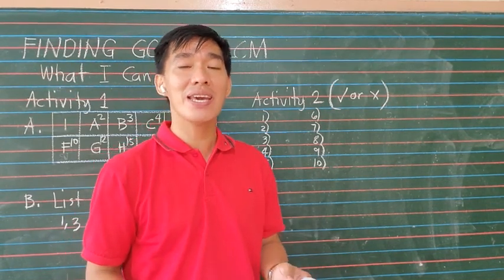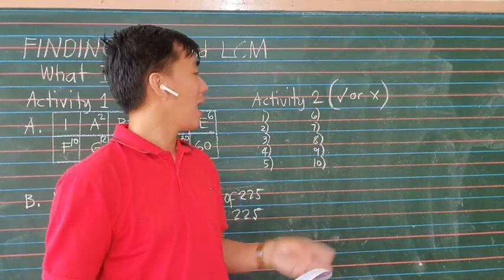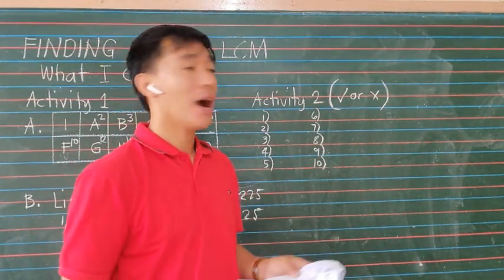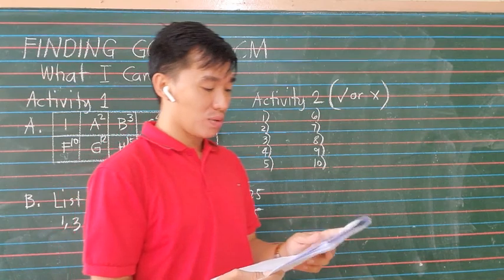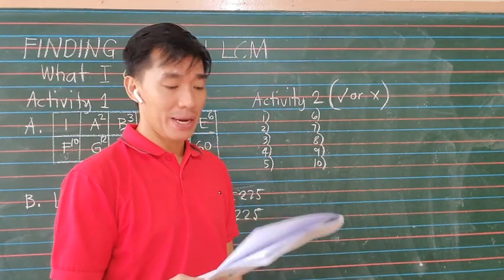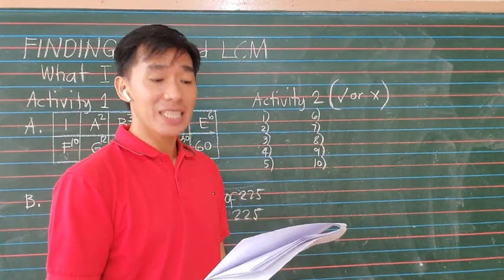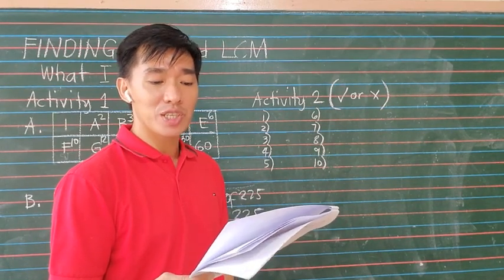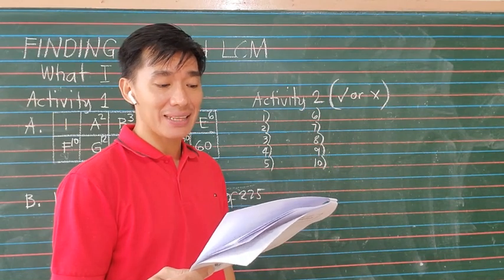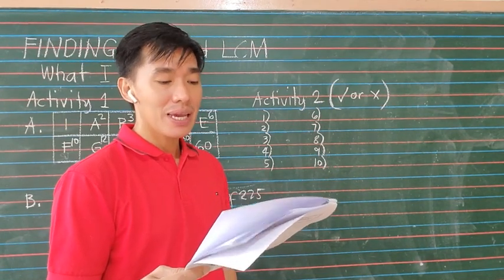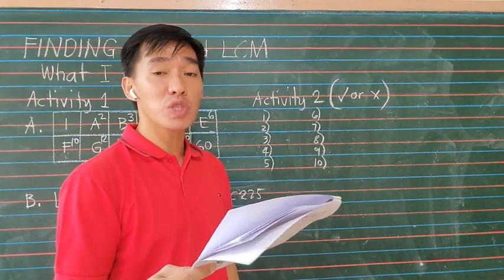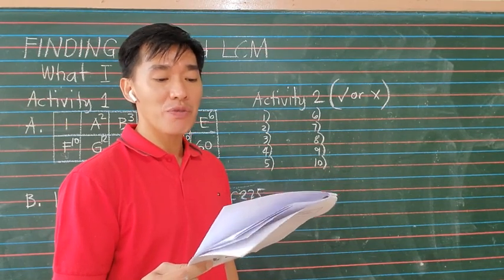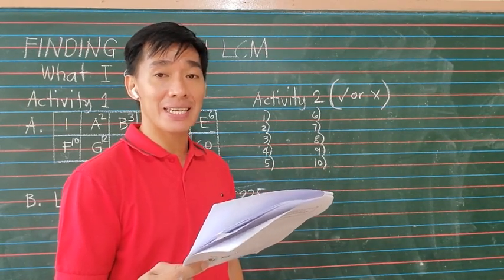So get ready. We will start now our activity 2, what I can do. Question number 1. In finding the GCF of two numbers, the common factors are to be listed down.